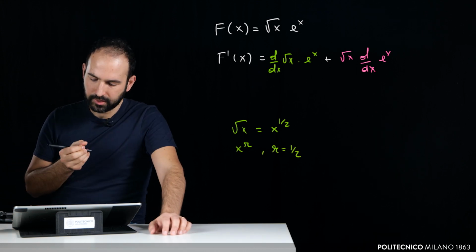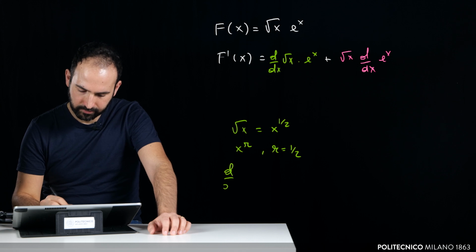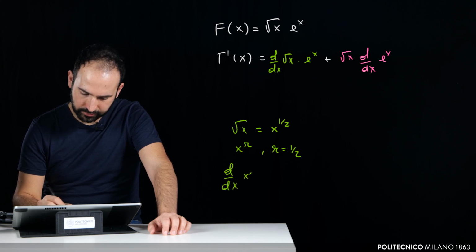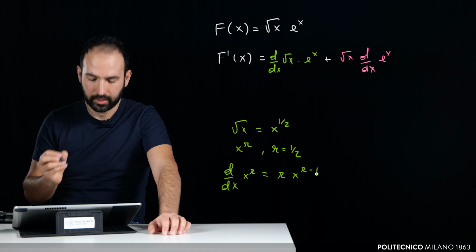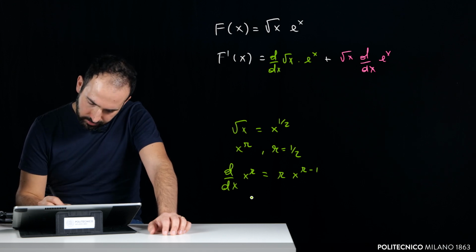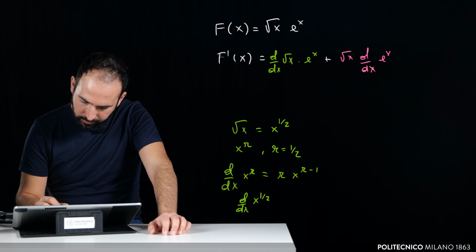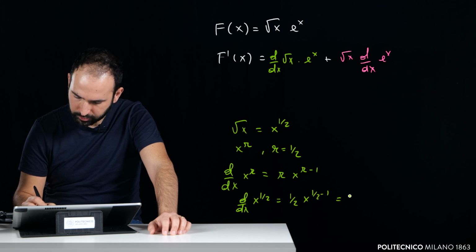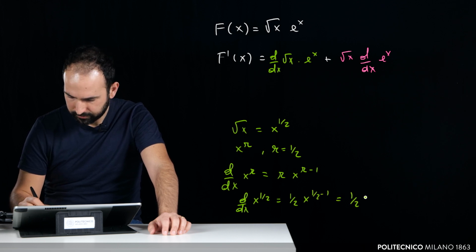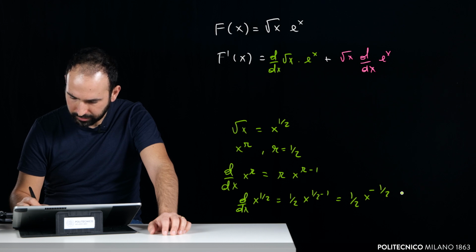The table recalls that derivative of the power x to the power of r is equal to r times x to the power of r minus 1. In our case, this means that the derivative of x to the power of 1/2 is equal to 1/2 times x to the power of 1/2 minus 1, which is 1/2 x to the power of minus 1/2.